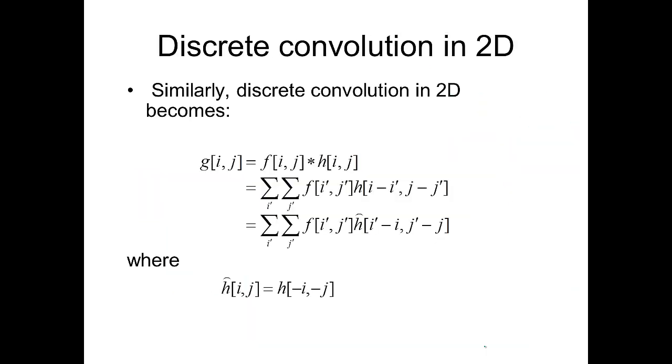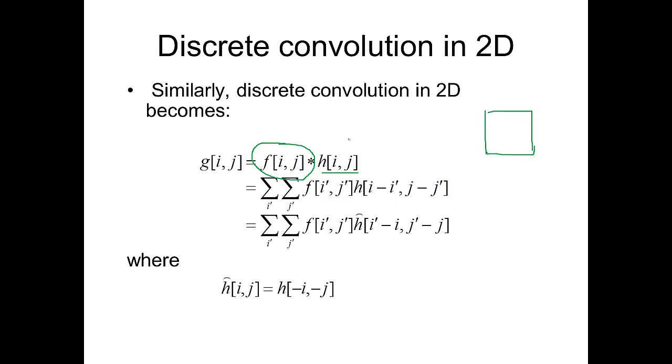Let's talk about discrete convolution in 2D, because what I'm doing is image processing. An image is a 2D signal. So we assume that an image is Fij, a matrix. Then H is also a matrix, Hij, meaning it's two-dimensional, the same as our matrix.